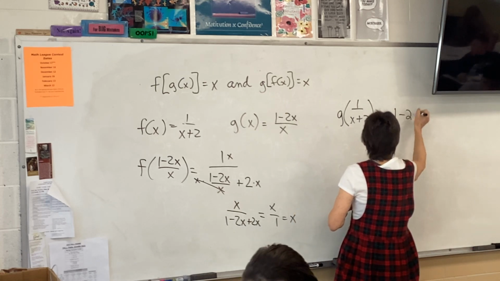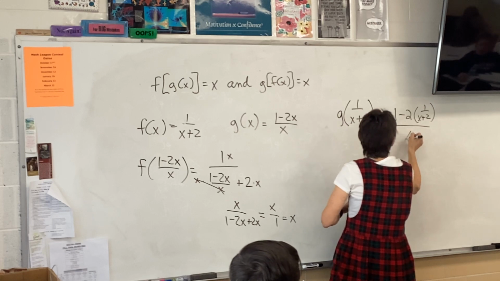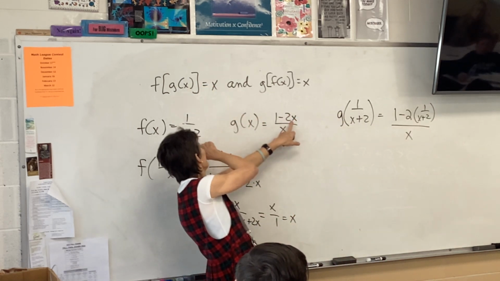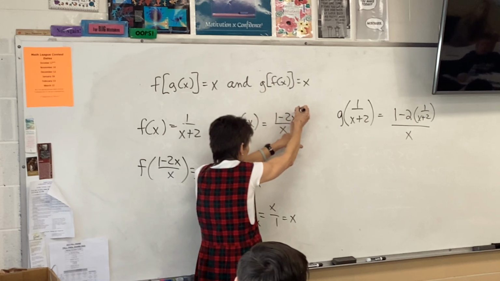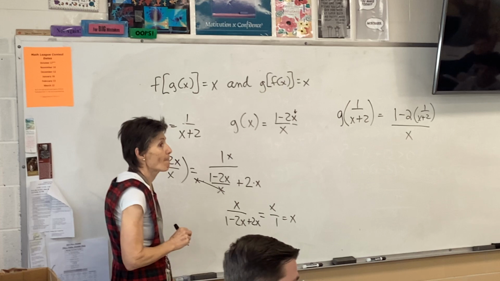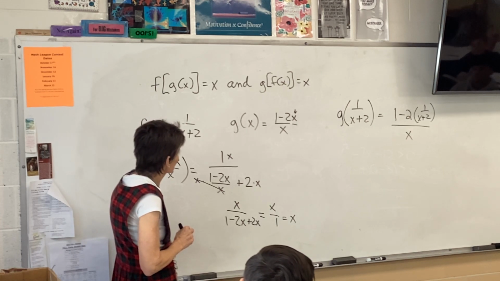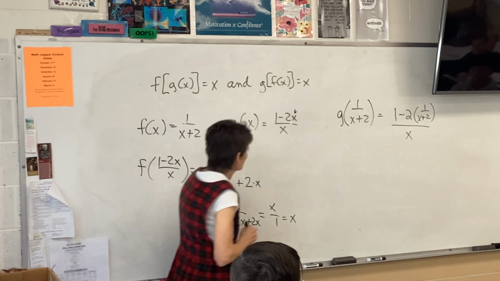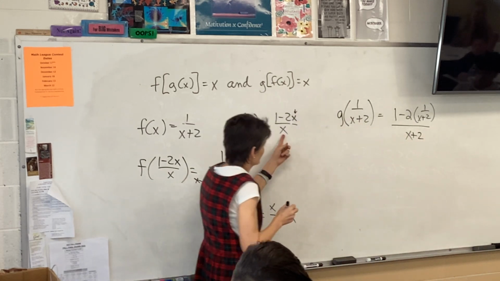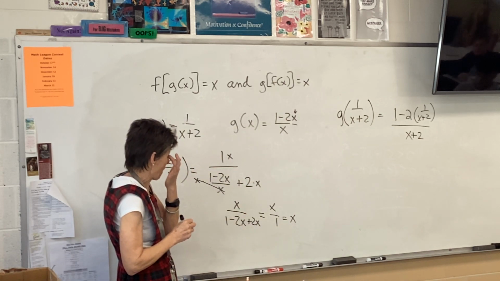So 1 minus 2 times 1 over x plus 2 over x. So I'm putting my f function right in here. Now put the 1 over x plus 2 on the denominator too. Oh, yeah, you do, thank you. Put it in for all the x's, absolutely you do, yes. Thank you, absolutely, all the x's.